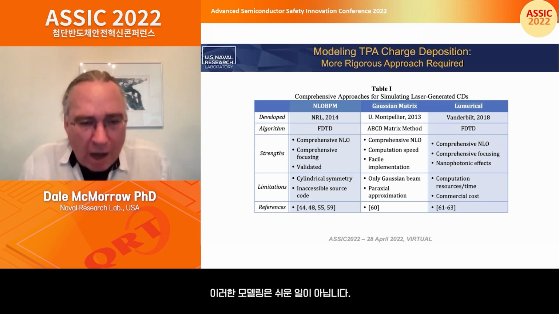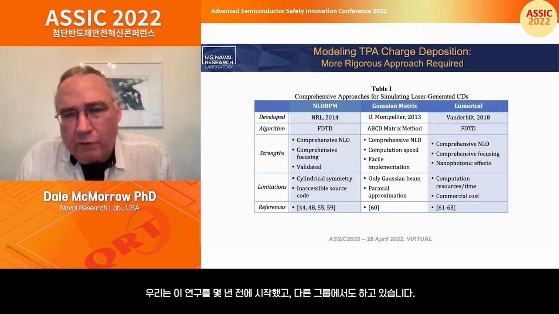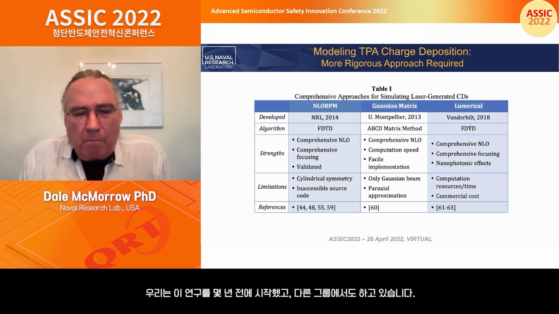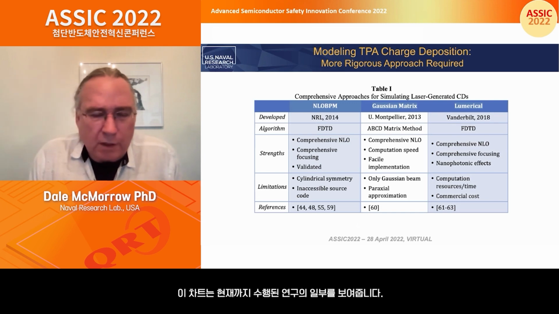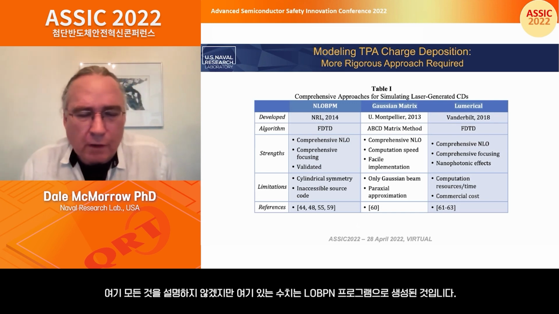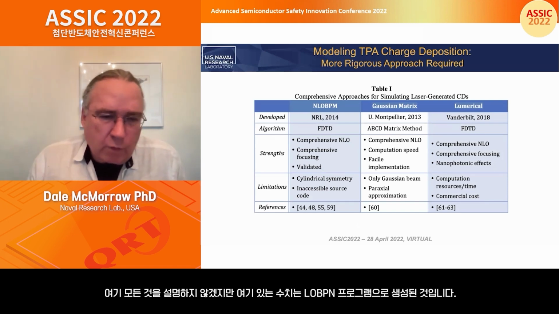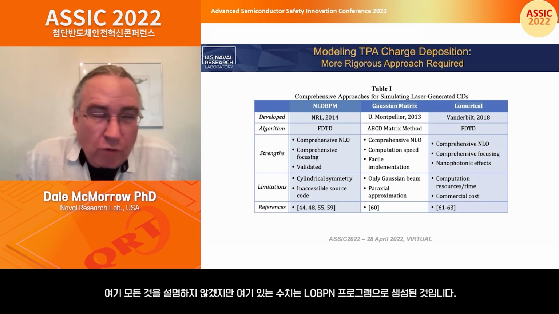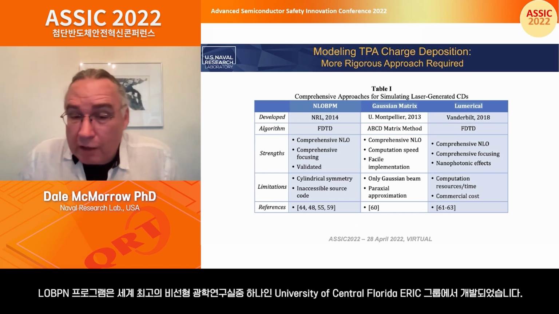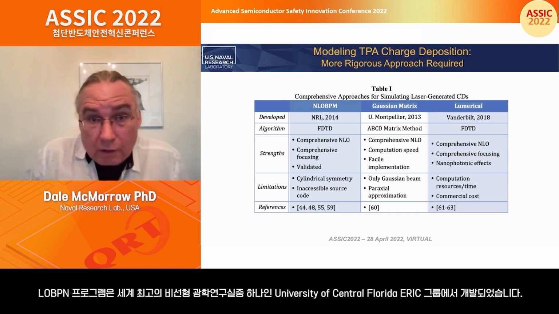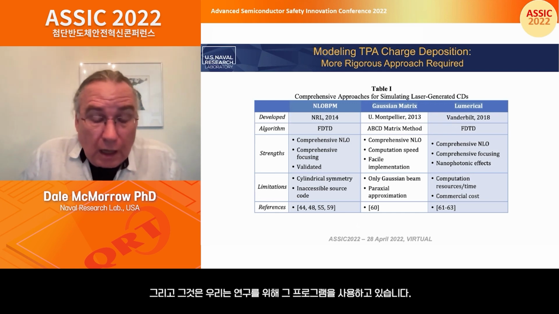Okay, modeling these things is not trivial. We started working on this several years ago. Other groups have worked on it, and this chart shows some of the work that's been done to date. I'm not going to go through all this, but the figures that I'm showing in this presentation are generated with NLO BPM, which is a program that was originally developed by Eric Van Stryland's group at the University of Central Florida, one of the premier nonlinear optical groups in the country, in the world.